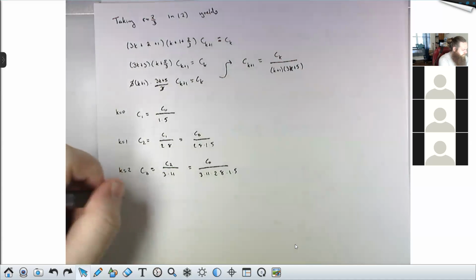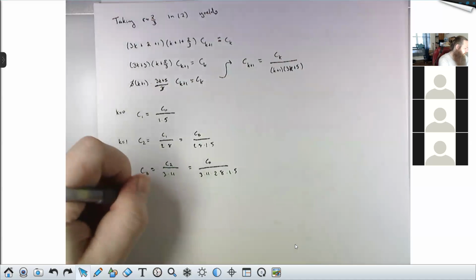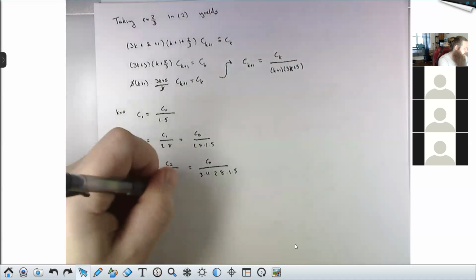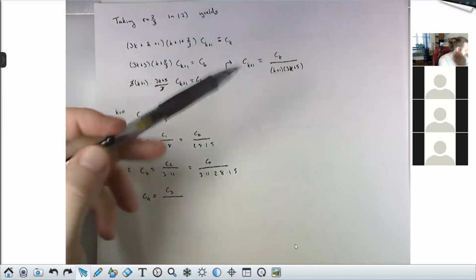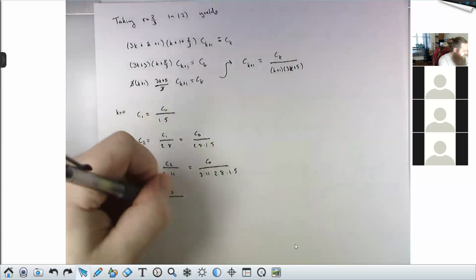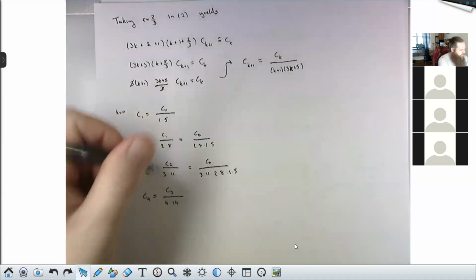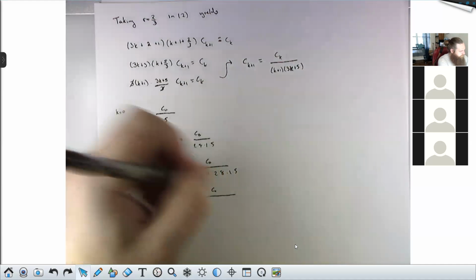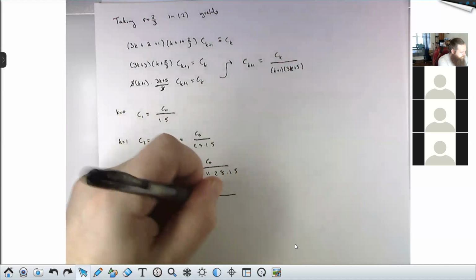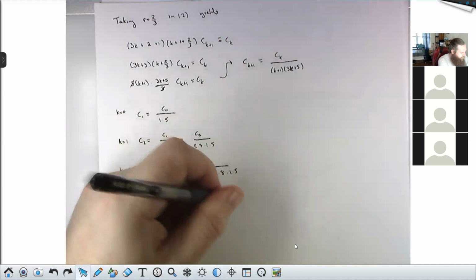When k is equal to 3, we get C4 is equal to C3 over 4 times (9 plus 5 is 14), which is C0 over 4 times 14 times 2 times 8 times 1 times 5.